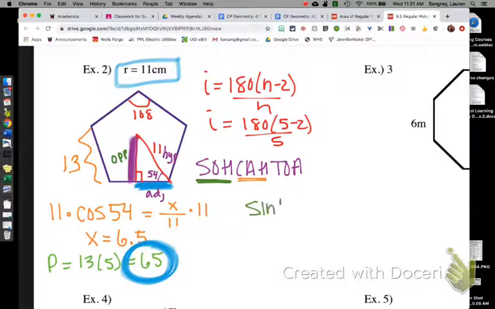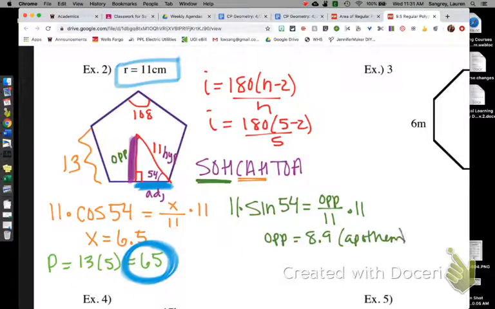So now I have sine of 54 is opposite over the hypotenuse, which is 11. Multiply both sides by 11, and we get 8.9.